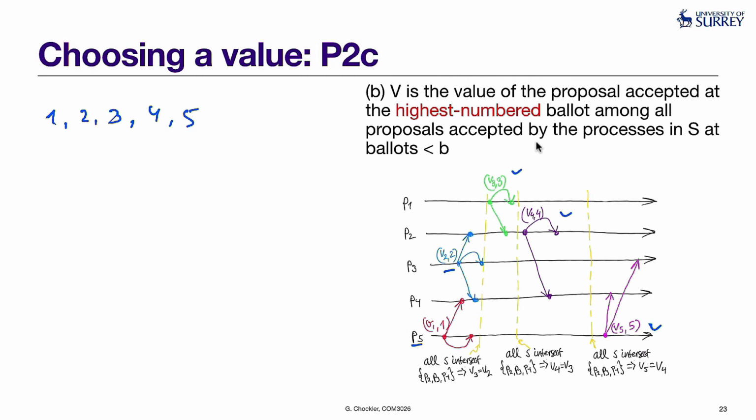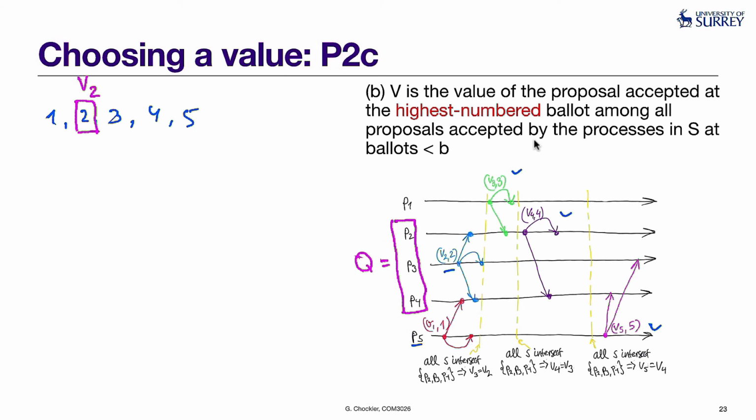So you see that P3 manages to get its proposal chosen as 3 processes, P2, P3, and P4, and it is chosen because this is a quorum, right? So let's denote this quorum as Q, and 2 is the lowest ballot at which a value is chosen, and the value which is chosen at ballot 2 is V2.